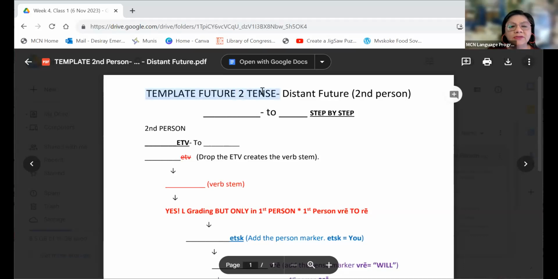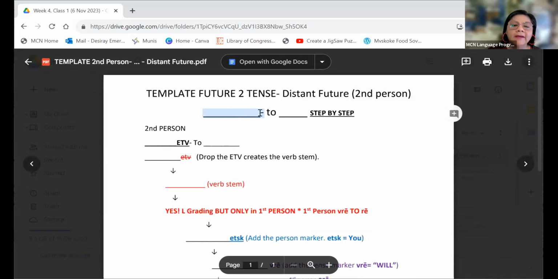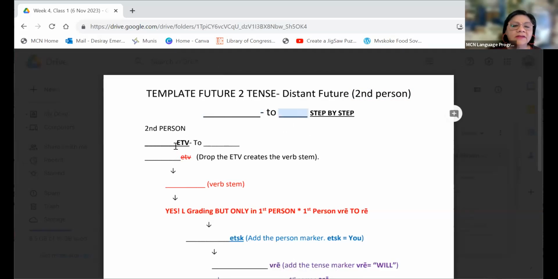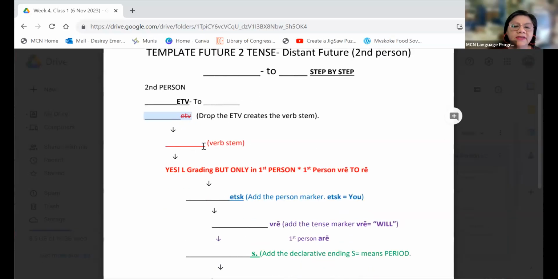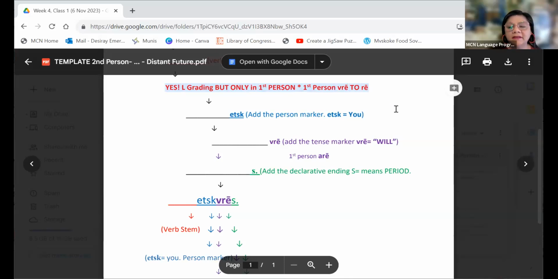Template, future tense, two tense, distant future, second person. Remember, this is why I put it on there, second person. So you can put hombida right here, to eat. Hombida, H-O-M-P, you drop your E-T-V, verb stem home. Since we're doing second person, the first person rule does not apply.